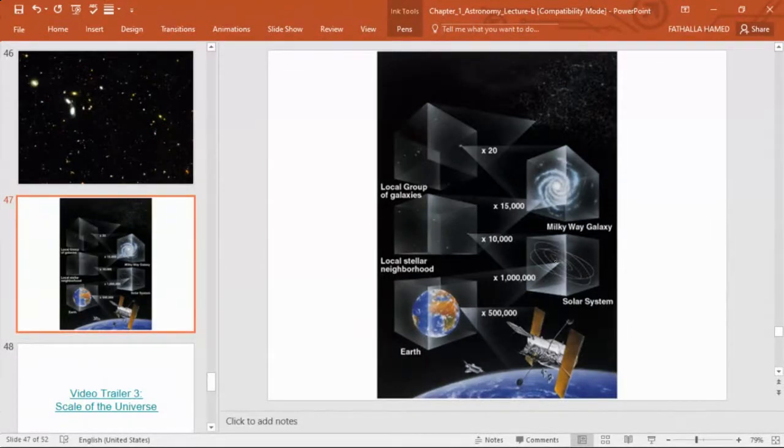There are some neighboring stars, then you are within a galaxy, and this galaxy is within a local group, and the local group is part of a supercluster, and the supercluster is part of a filament, and the filament forms the strands that form our own universe. So the universe is huge.